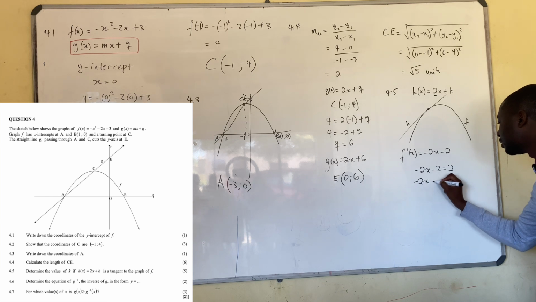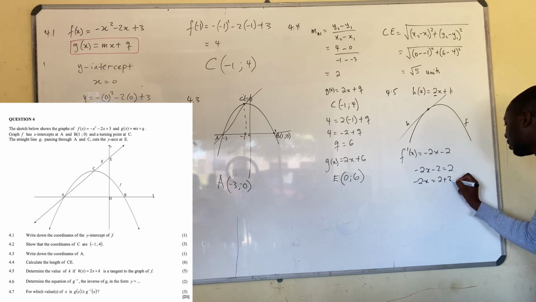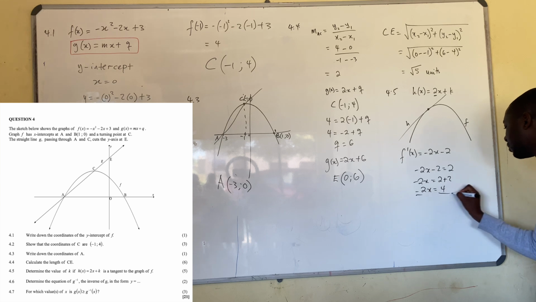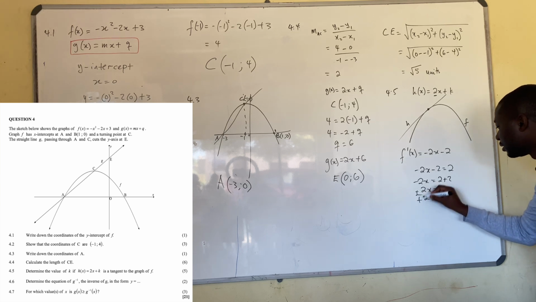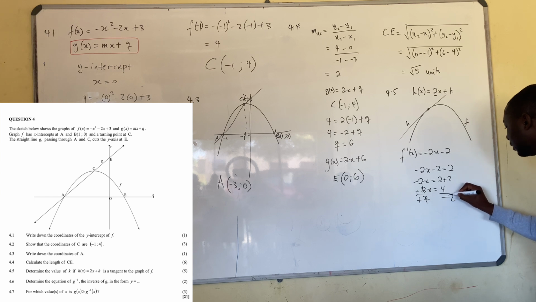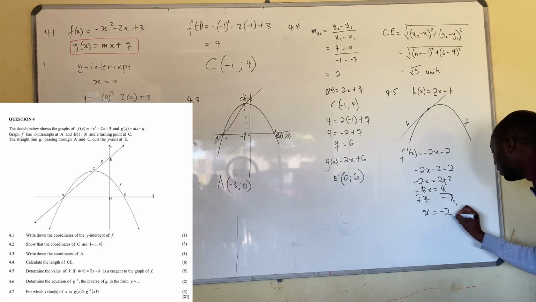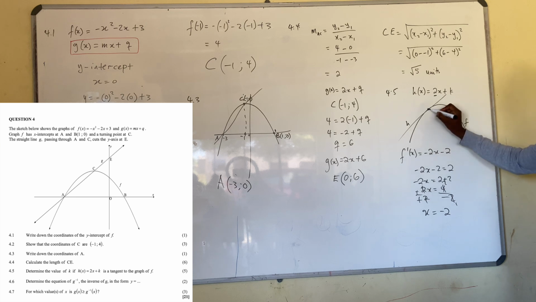Negative 2x is equal to 2 plus 2, so negative 2x is equal to 4. Divide both sides by negative 2, cancel there. So x is equal to negative 2. So the x coordinate of this point is negative 2.